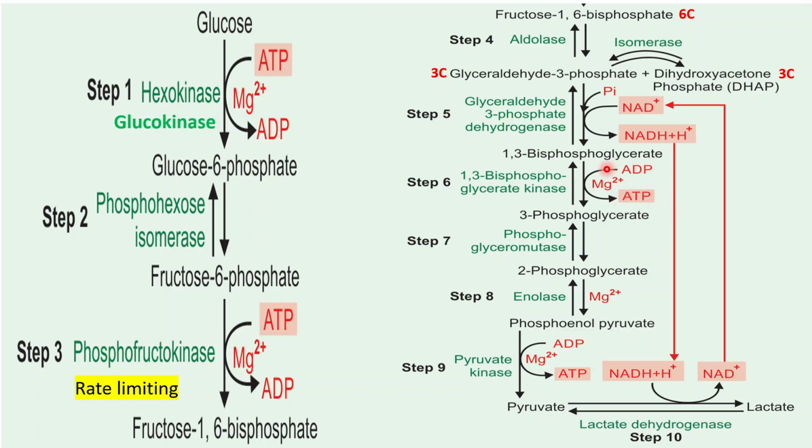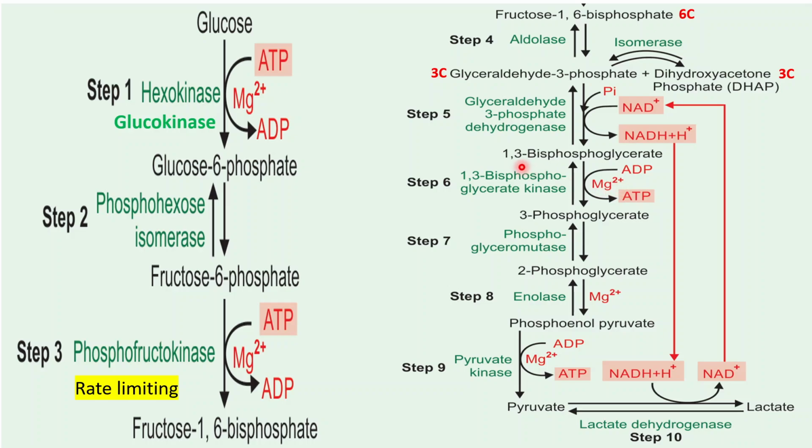The phosphate group which is lost is the one it had gathered first. This phosphate is accepted by ADP and leads to formation of ATP. So energy is getting formed over here, and the enzyme is 1,3-bisphosphoglycerate kinase.